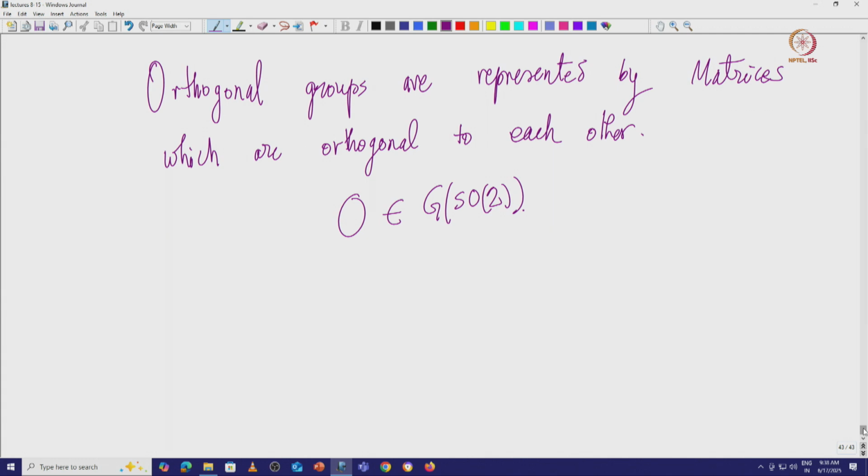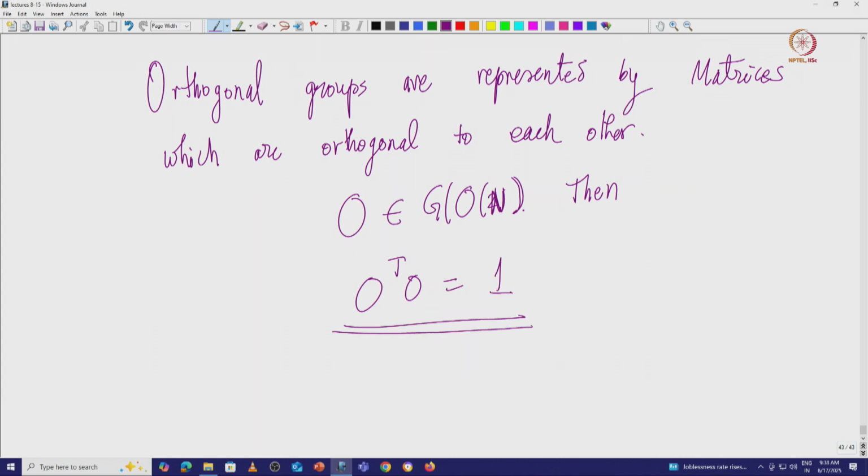So let me just for the present, without introducing S, call it O2, ON for n general dimension essentially. Okay, then O transpose O is equal to 1.